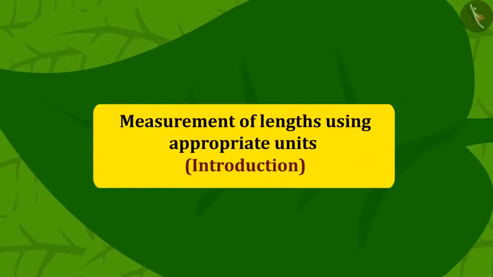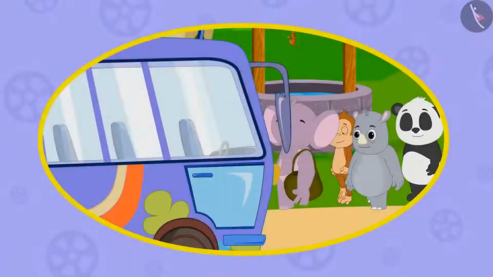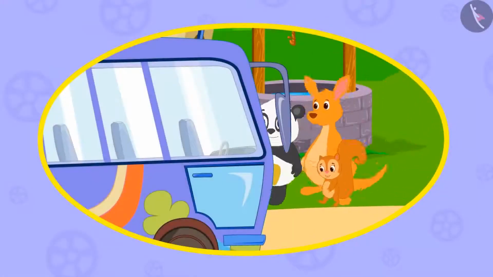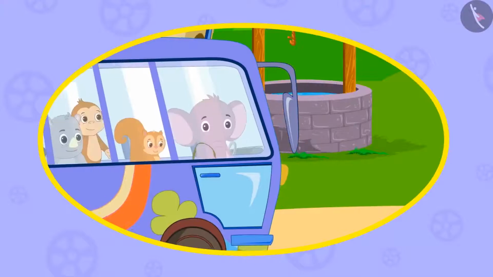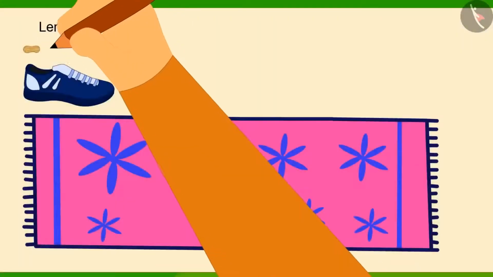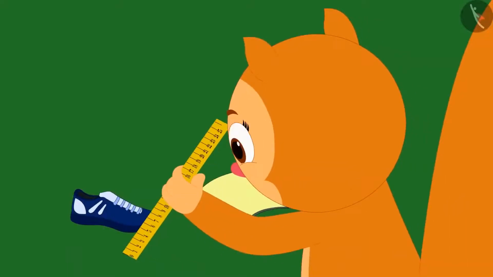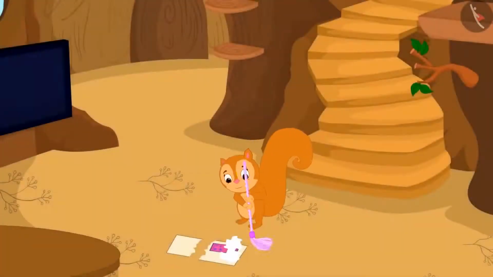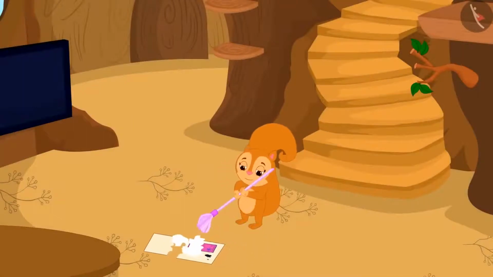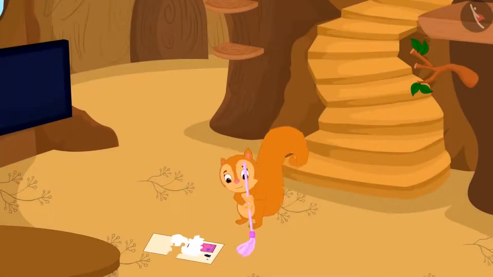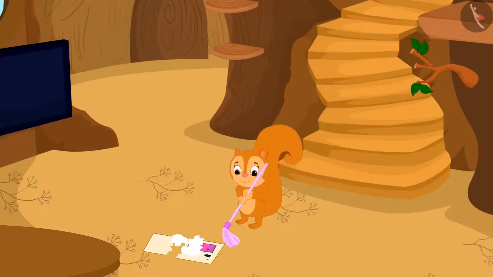In this video, we will learn about use of appropriate unit to measure the length or distance between objects. When Chanda went on a trip with the villagers, she wrote the length of some items on a paper. Today, while Chanda was cleaning her house, the paper was accidentally torn.